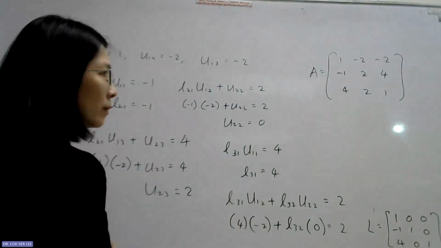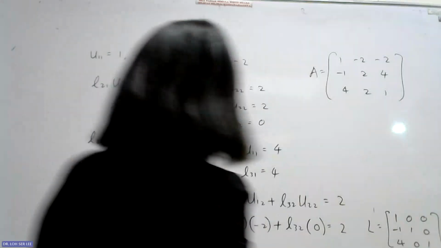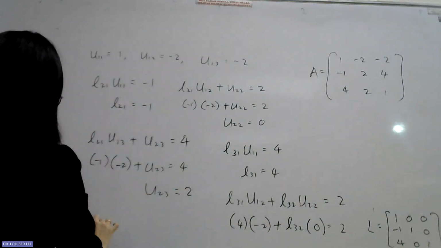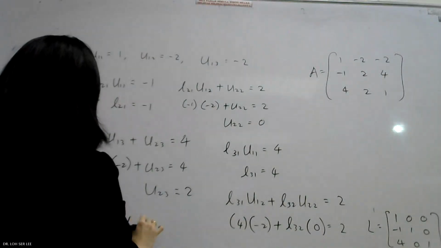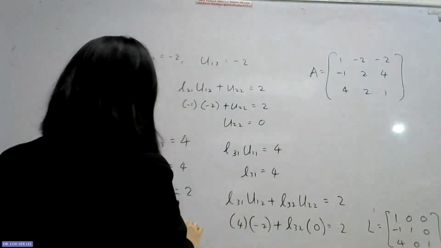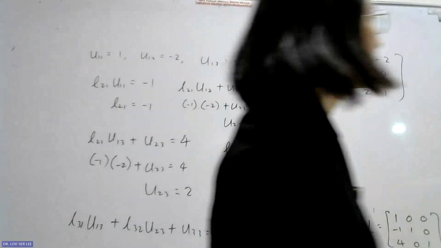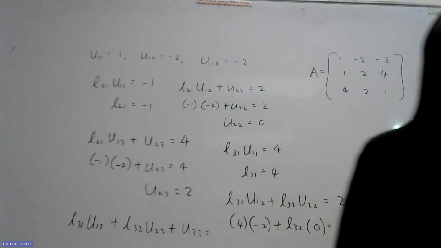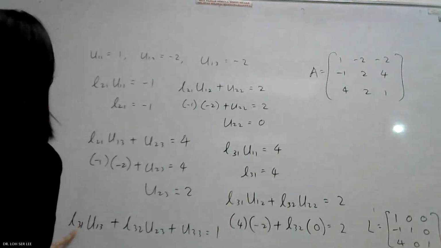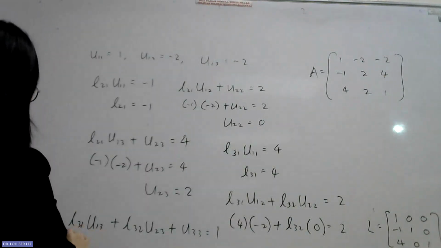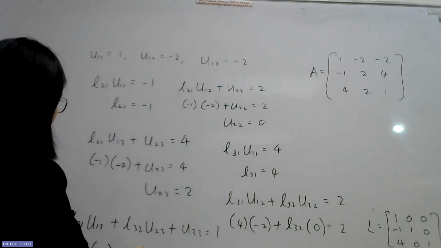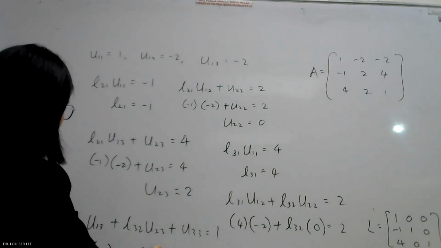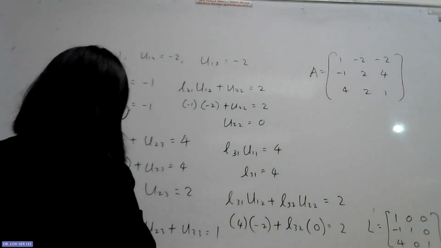Okay, let's check the last one. L31 U13 plus L32 U23 plus U33 equals the last entry. L31 is 4, U13 is -2.